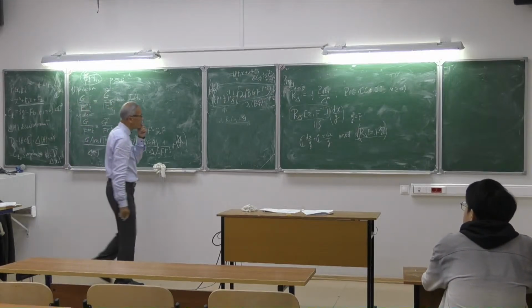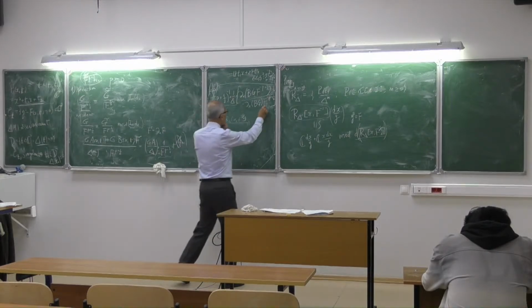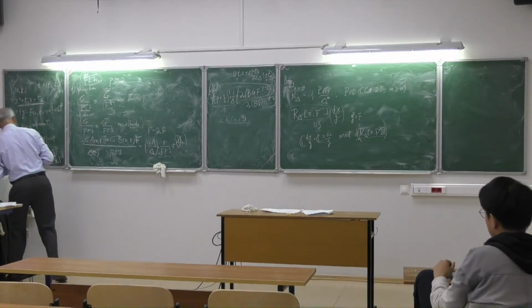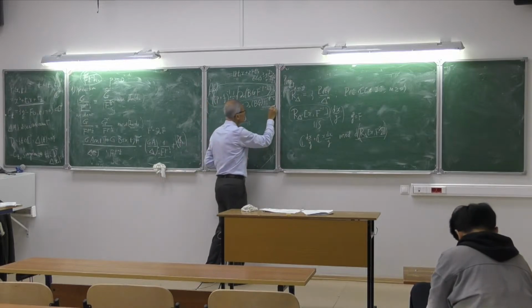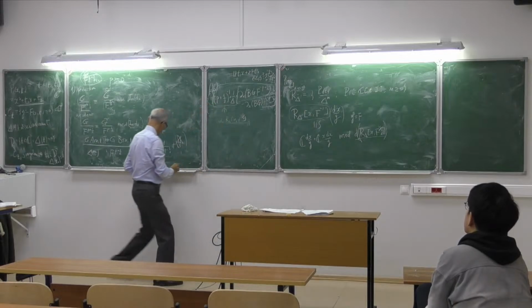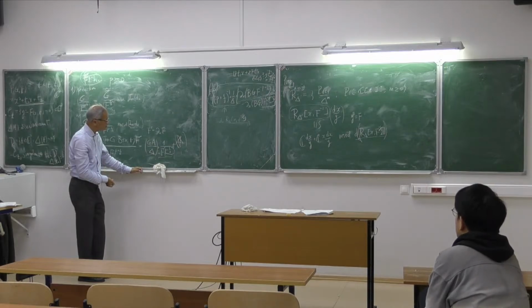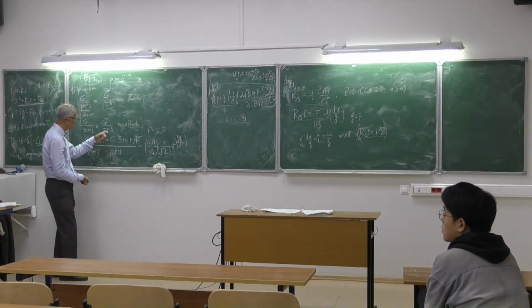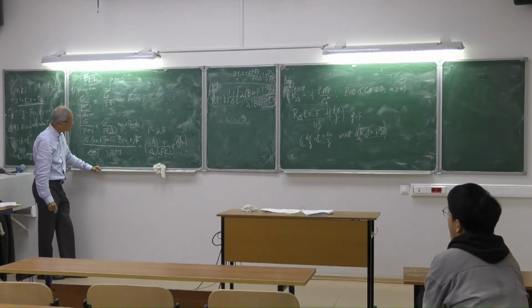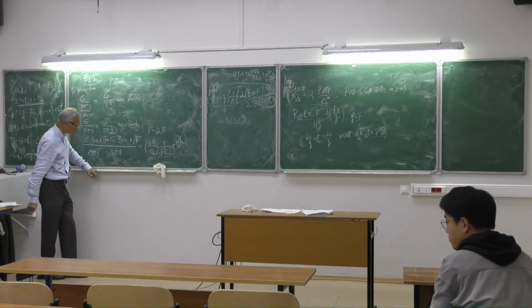And the remaining part will have only f with respect to this and this. So the order has decreased by 1. Okay?